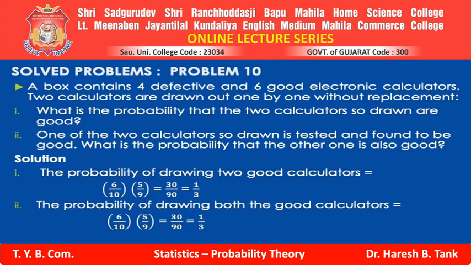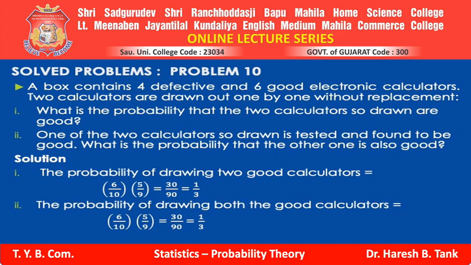Let us say it. Both of them are good. First thing first: the two calculators so drawn are good. The first selection can be done with probability 6 upon 10. After the first happens, meaning a good calculator is selected, the number of good calculators left is 5, and the number of calculators left is 9.